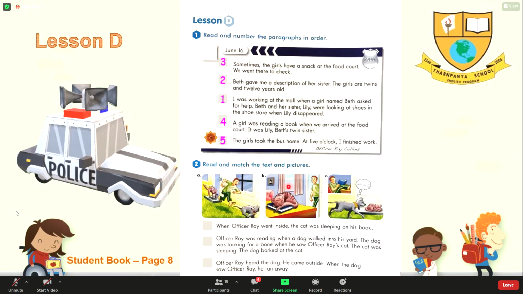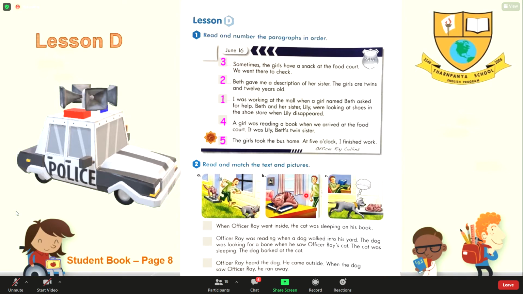Picture B. What's happening on this picture? Who can tell me what's happening on this picture? Who can tell me now what's happening on picture B?